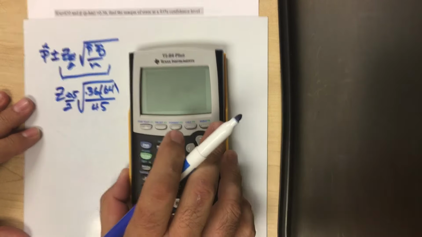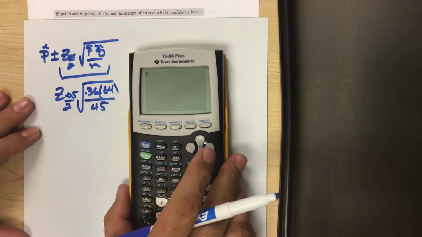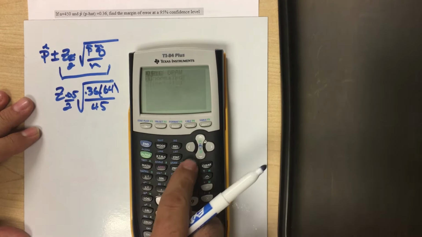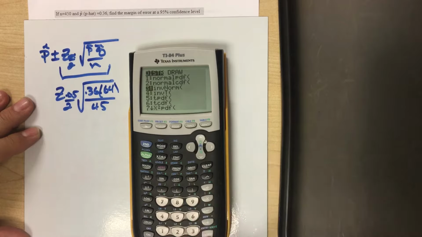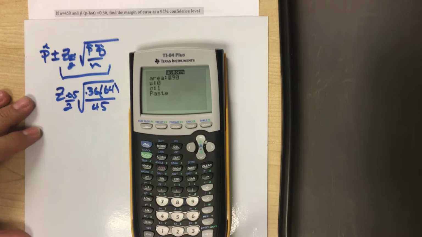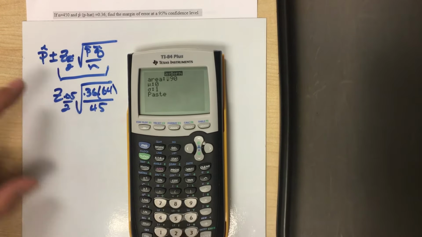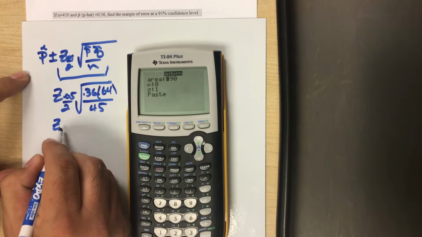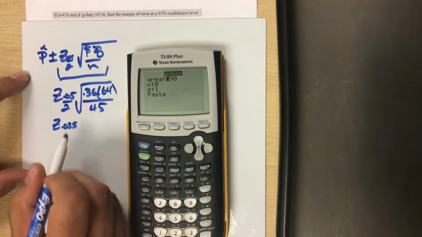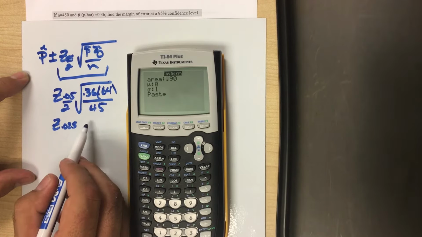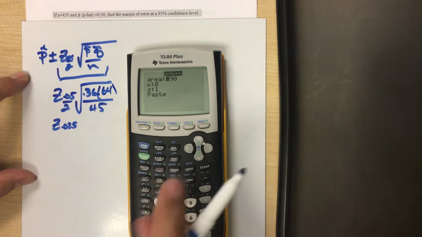We can either look it up on the table, or we can do inverse normal. So we'll go distribution, inverse normal. So it's 2.5% for the upper tail, right? So it's going to be the z-score for 0.025, but that means it's 2.5% in the upper tail, so it's 97.5% in the lower tail.